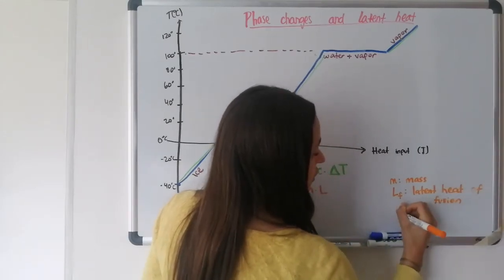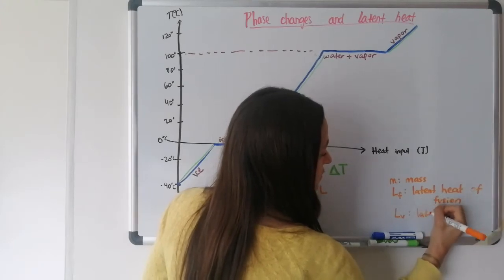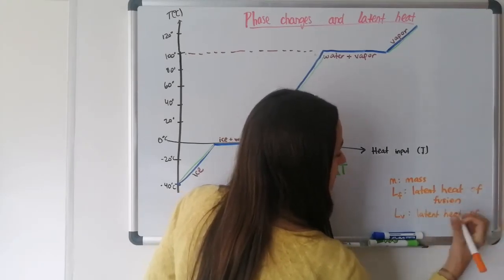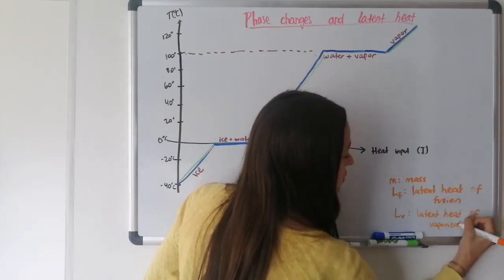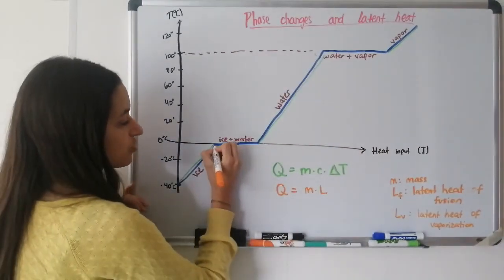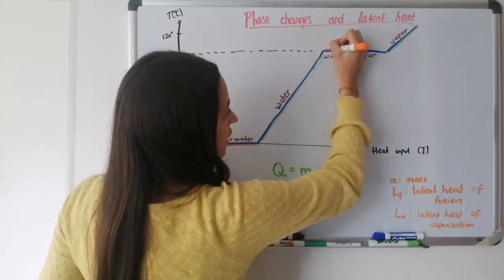And there's another one that we call LV, which is the latent heat of vaporization. We use those two for this portion of the graph and this portion of the graph.